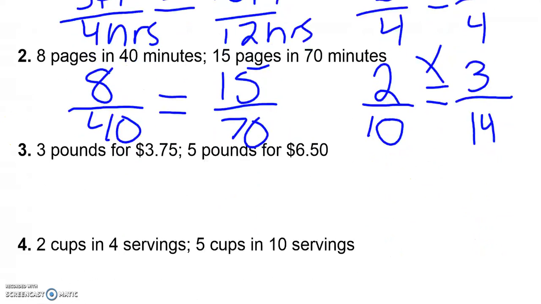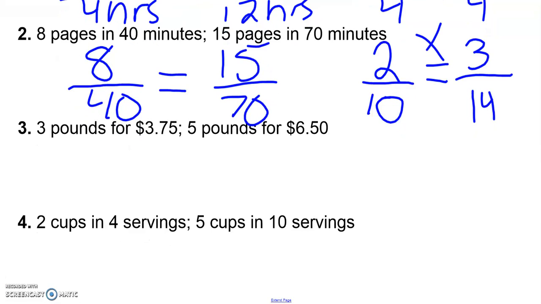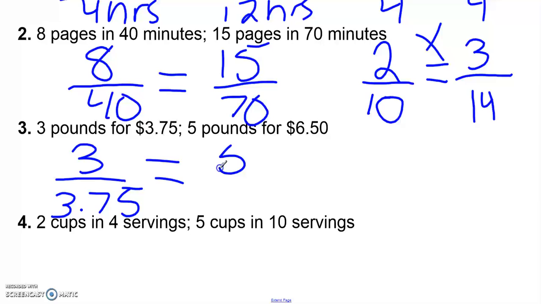And then number 3, we have 3 over 3.75 and 5 over 6.50. Are those proportional?